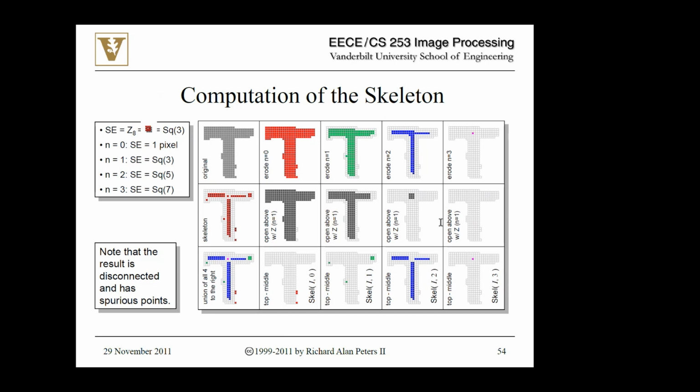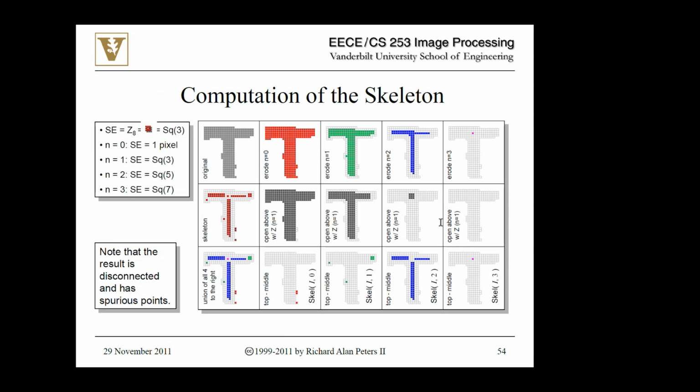Okay, so now we do the opening of this one. We do the opening with radius 1. This is the opening of this with radius 1, and so on for each. And now we collect everything. So what is the difference?